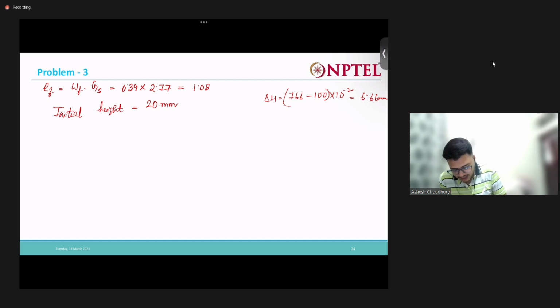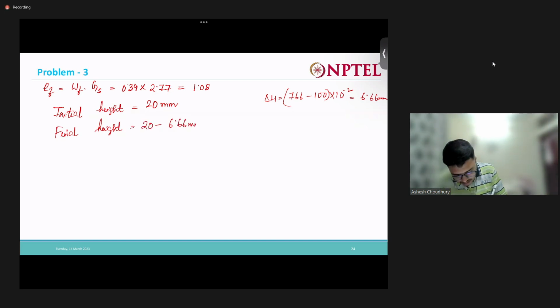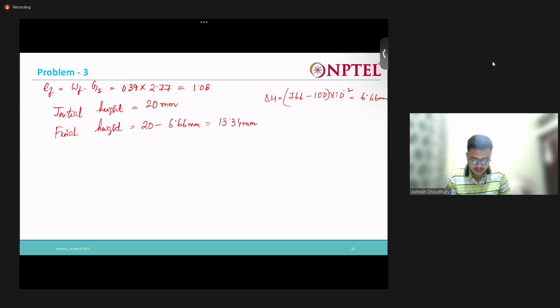So what will be my final height at the end of the test? Initially we had 20 millimeters, and my final height is actually 20 minus 6.66 millimeters, which is something like 13.34 millimeters.